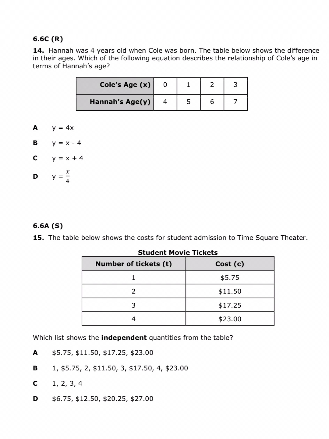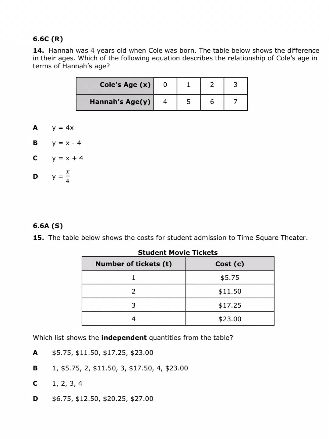The table below shows the cost for student admission to Times Square Theater. Student movie tickets, number of tickets T, cost C. Which list shows the independent quantities from the table? A. $5.75, $11.50, $17.25, $23.